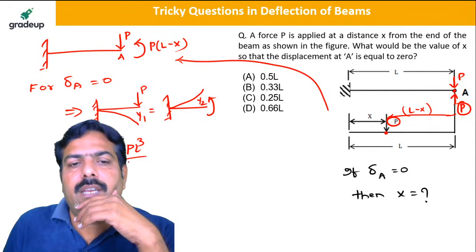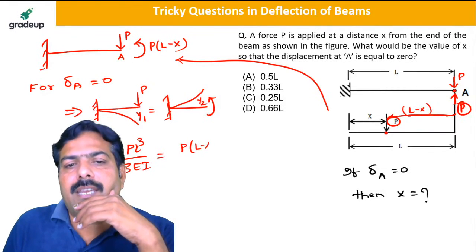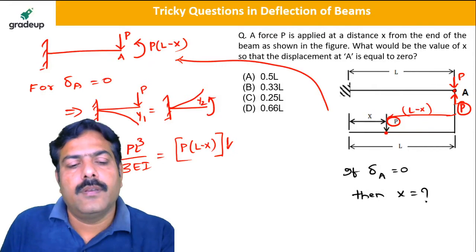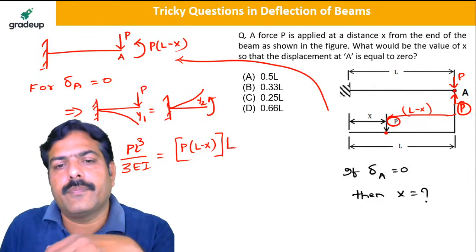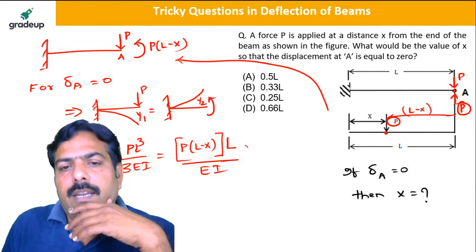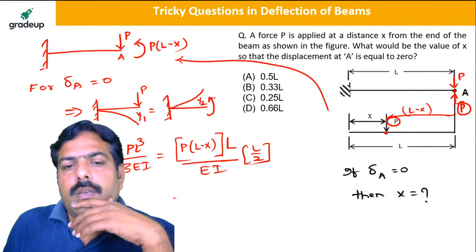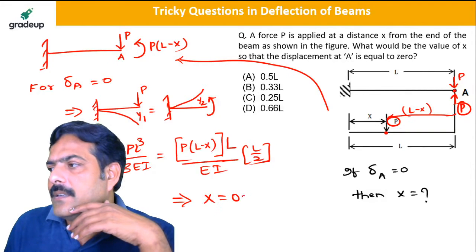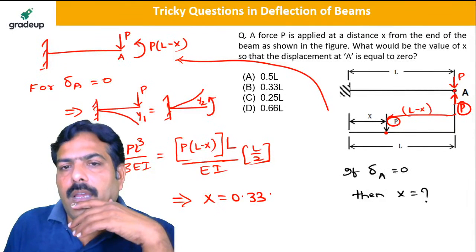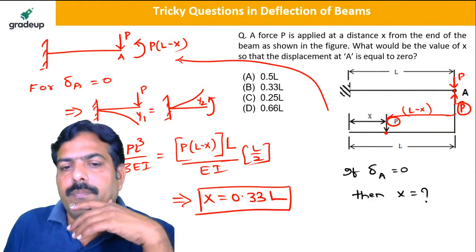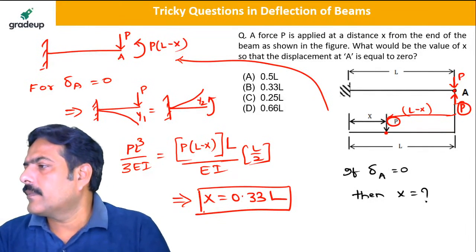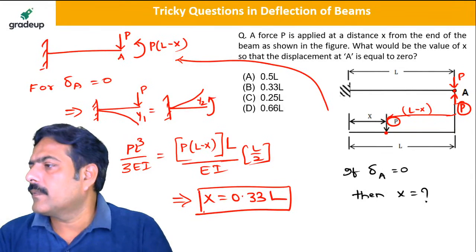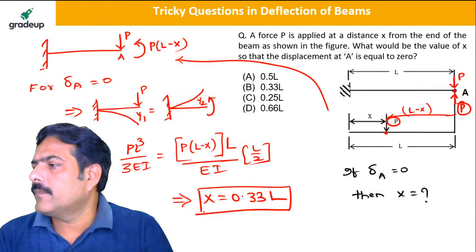It is PL cube by 3EI should be equal to P into L minus X into L minus X into L divided by EI, and X bar is equal to L by 2. And solving this will give the value of X as 0.33 L. Is it clear?